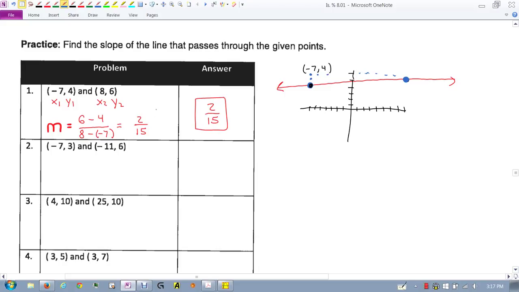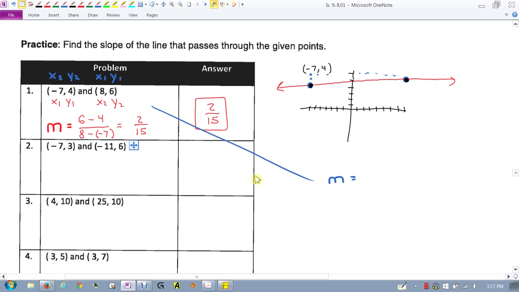Now, inevitably, someone's going to do the same problem and decide to be rebels, and call this x2, y2 and this one x1, y1. If you label them the other way, opposite of what I did, are you going to get the same answer or not? Let's see.